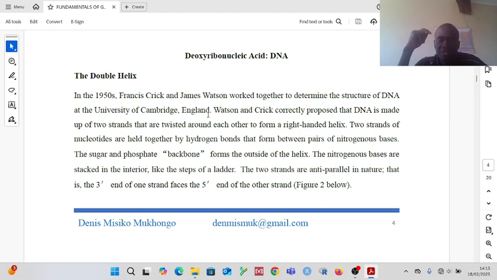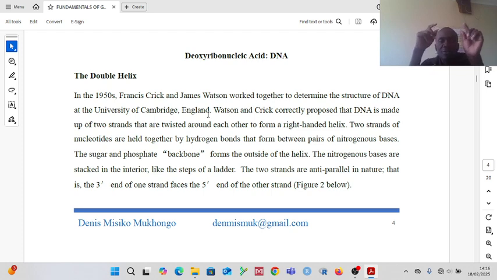So, which means a single strand of any nucleic acid will be held together by the sugar and phosphate backbone. So that is the phosphodiester bond that will be holding a single strand of any nucleic acid, be it DNA or RNA.